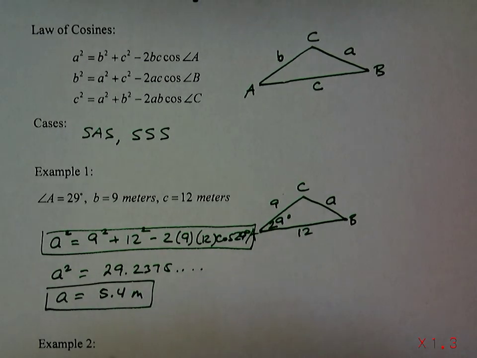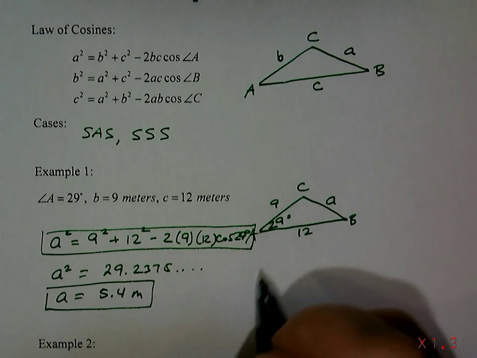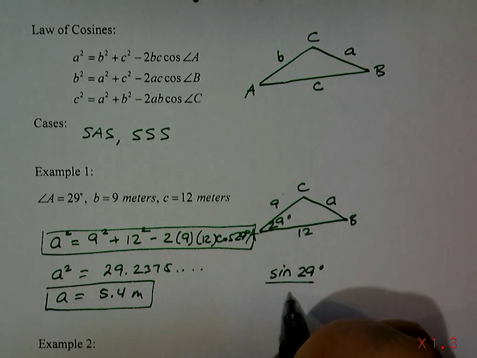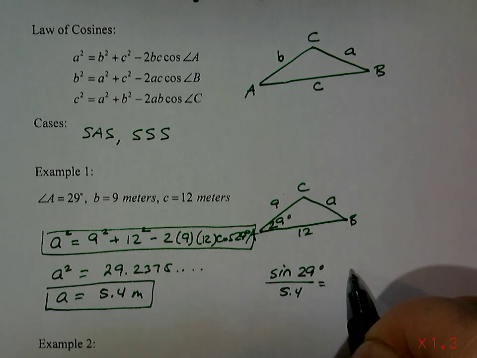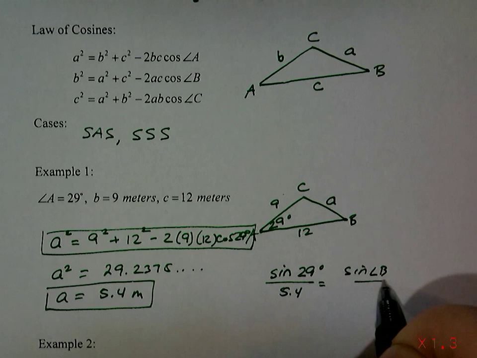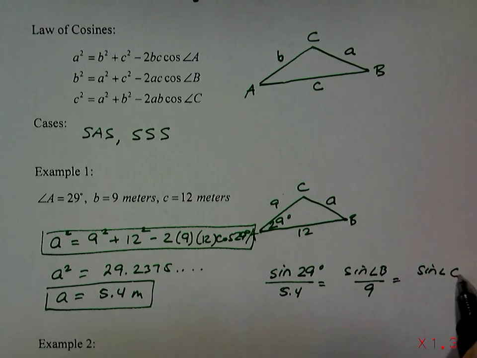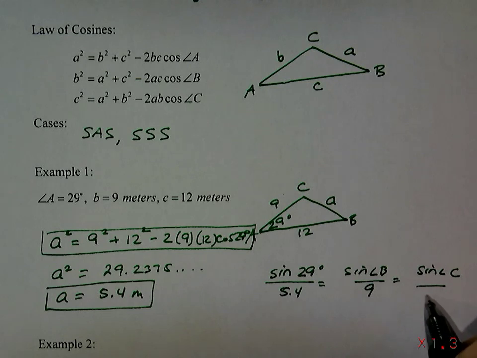In solving the triangle, I'm just going to use the law of sines to find everything else. So I'd have the sine of 29 degrees over 5.4 is equal to sine of angle B over side B, which is 9, which is equal to sine of angle C over side C, and side C was 12.